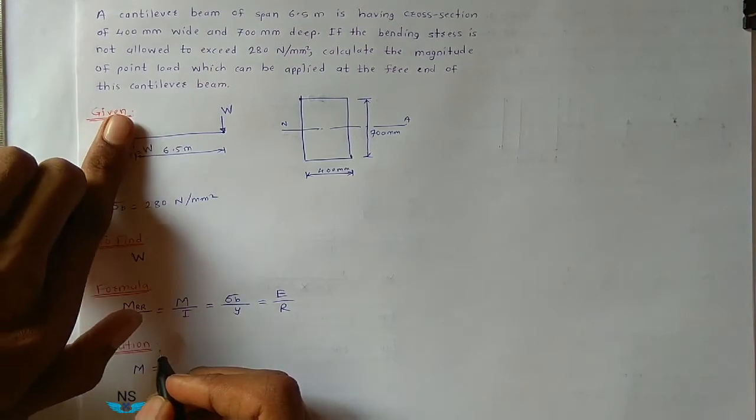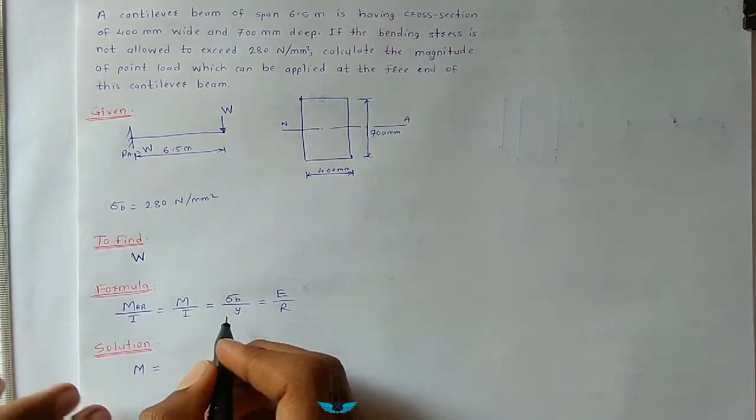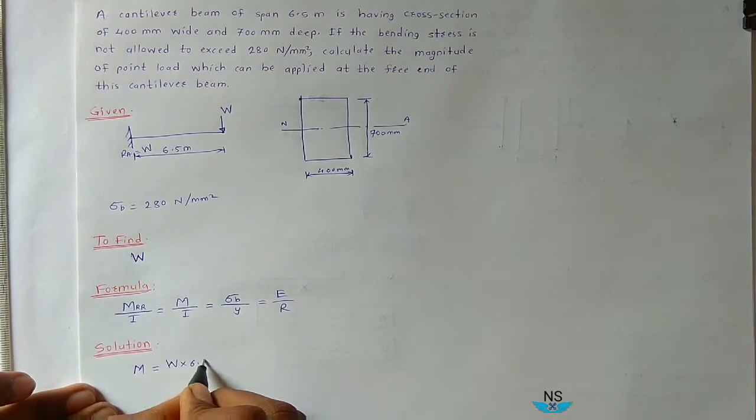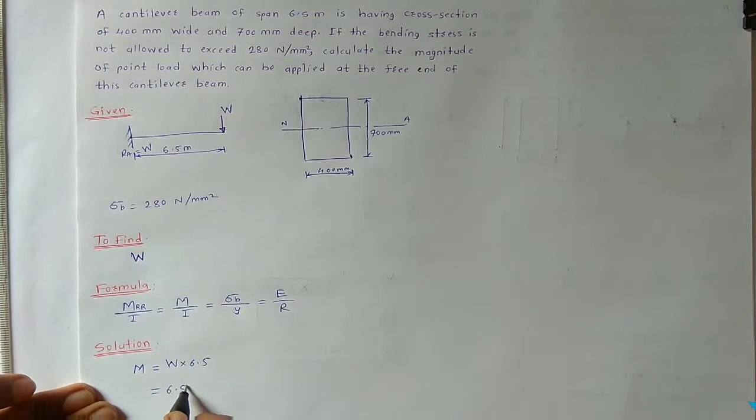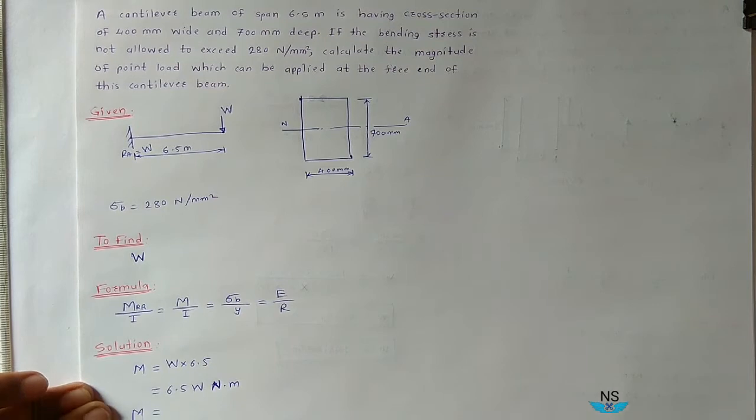MA is equal to W into 6.5, that is equal to 6.5 W Newton meter. Now M is equal to 6.5 W. We require this M in Newton mm, so 10 raised to 3 Newton mm.